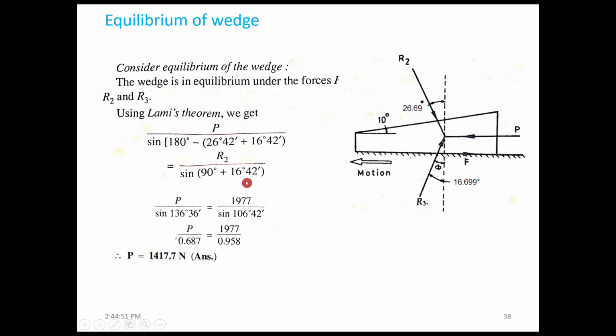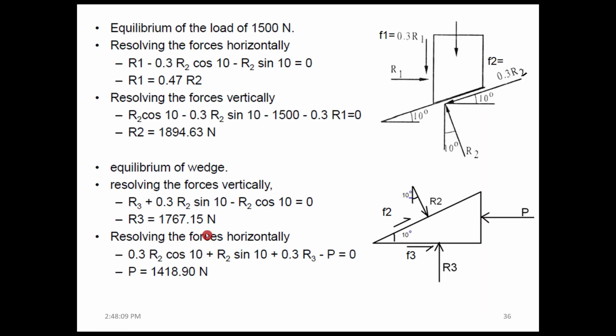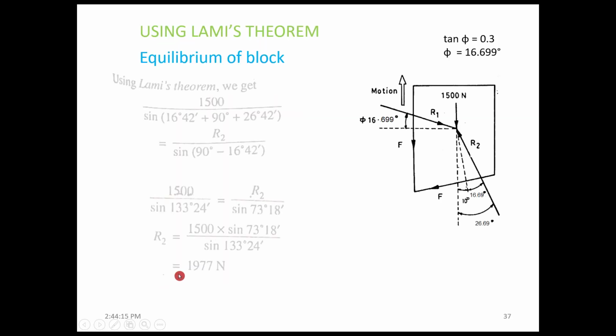Hence we have the value of P equal to 1417.7, which is obtained with a very slight variation from the previous method of solution.